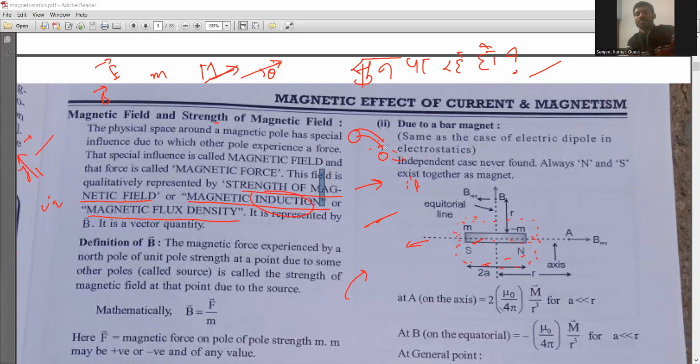Like in childhood, a mother teaches her daughter how to cook food, so that is induction of knowledge. The same thing is here, magnetic induction.